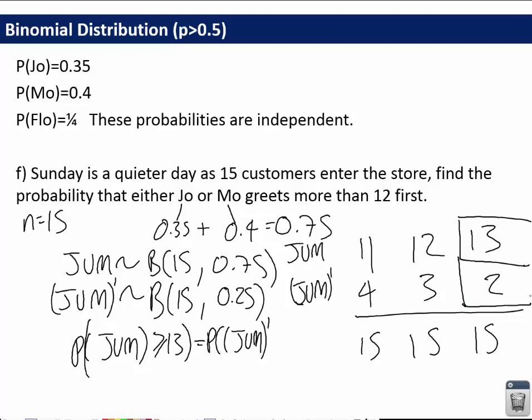Joe or Mo occurring more than or equal to 13 is the same as Joe or Mo not occurring less than or equal to 2. And this we can work out because we can just look directly at the table. The numbers go in the opposite direction, so before it was greater than or equal to, now it's less than or equal to. Excellent.